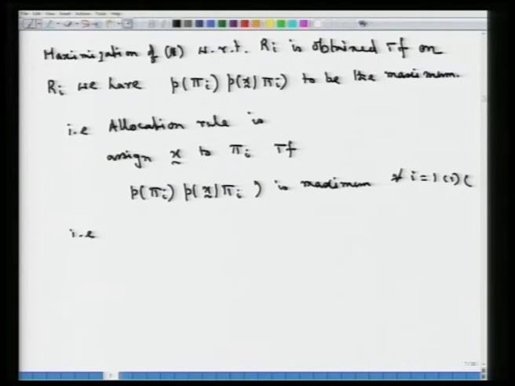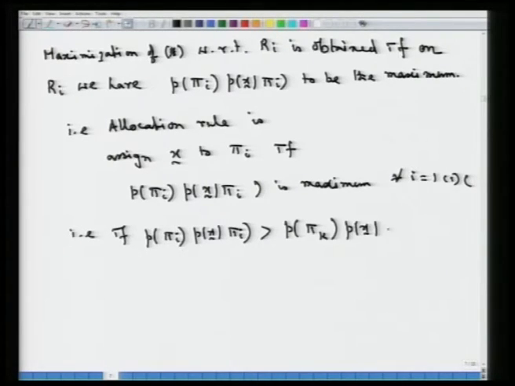That is, if we have p pi I into p x given pi I to be greater than p pi k into p x given pi k. This is true for every k equal to 1 up to c, where k is not equal to I, right.